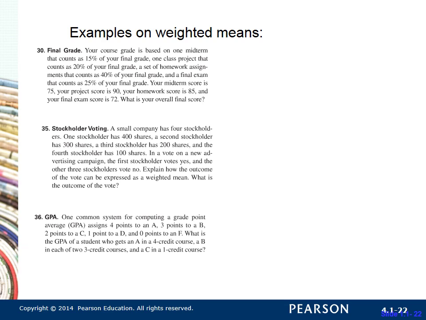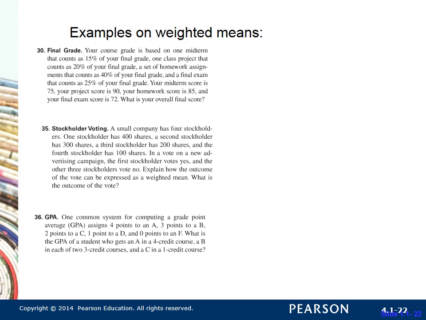In a vote on a new advertising campaign, the first stockholder says yes. The other 3 vote no. So how could the outcome be expressed as what we're calling a weighted mean? Because they get to vote their shares, they automatically get that weight. So the outcome is going to be no, because even though the first guy had more shares, the other ones banded together to get 300 plus 200 plus 100, which was 600 votes, to the one guy's 400.